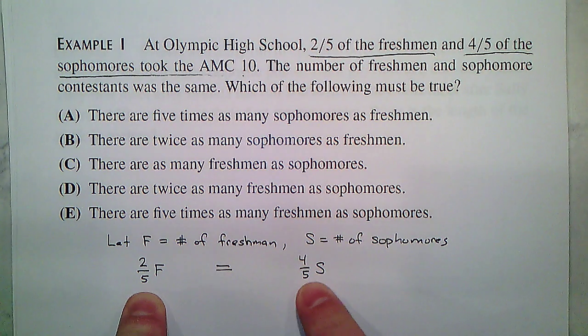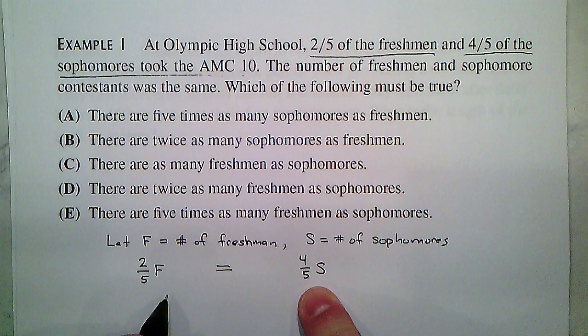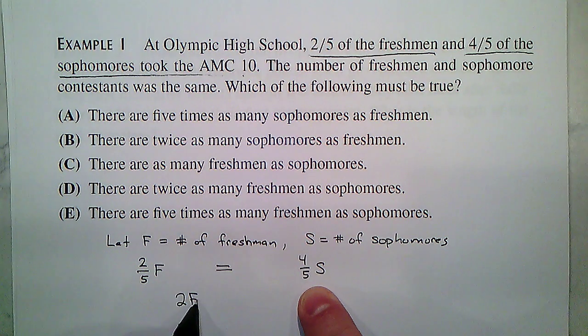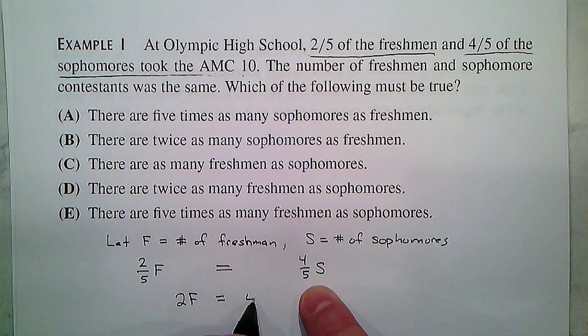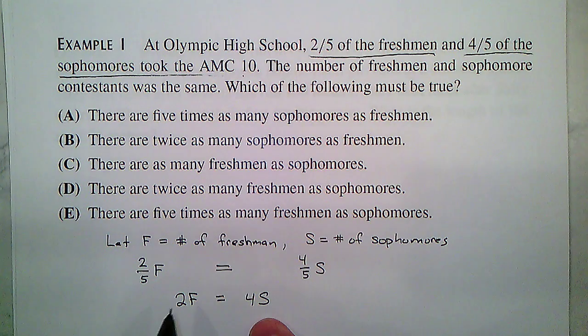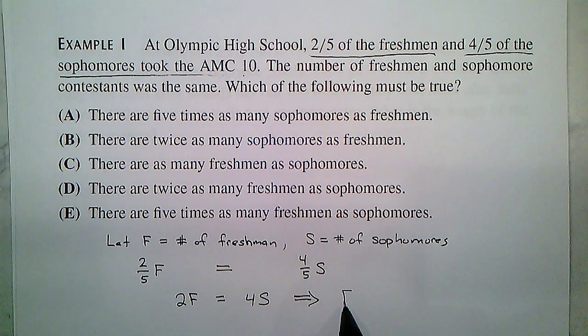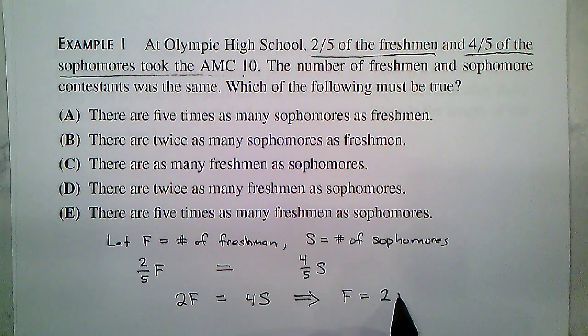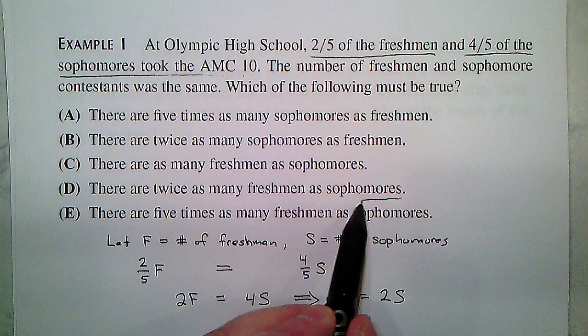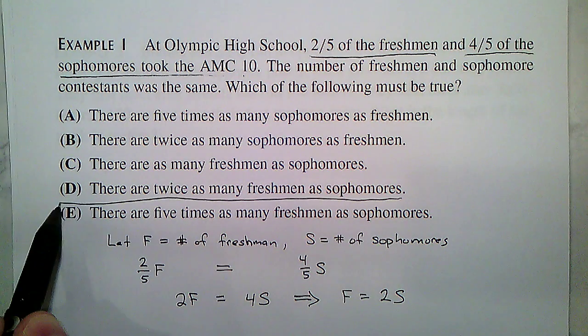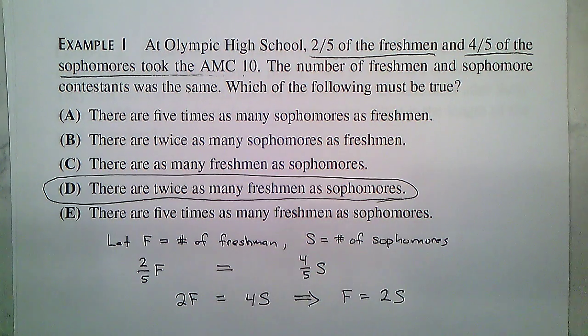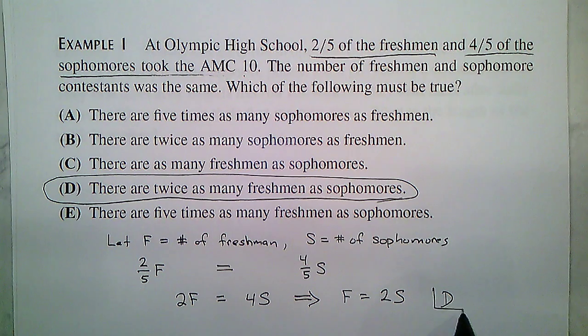So if I multiply both sides by 5, I get 2 times the number of freshmen equals 4 times the number of sophomores. Or, said another way, the number of freshmen is twice the number of sophomores. There are twice as many freshmen as sophomores. So the answer must be here, D.